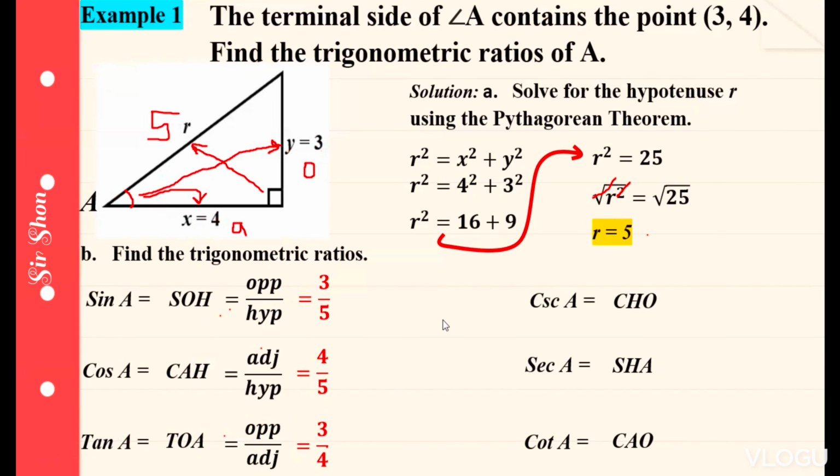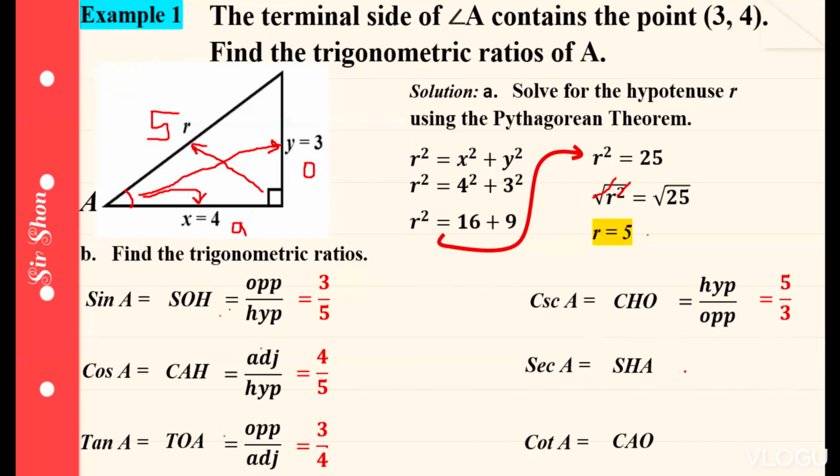Now let's proceed to cosecant. For cosecant, the formula is CHO, or cosecant equals hypotenuse divided by opposite. Our hypotenuse again is 5, and our opposite side is 3. Therefore, cosecant A is 5 over 3.